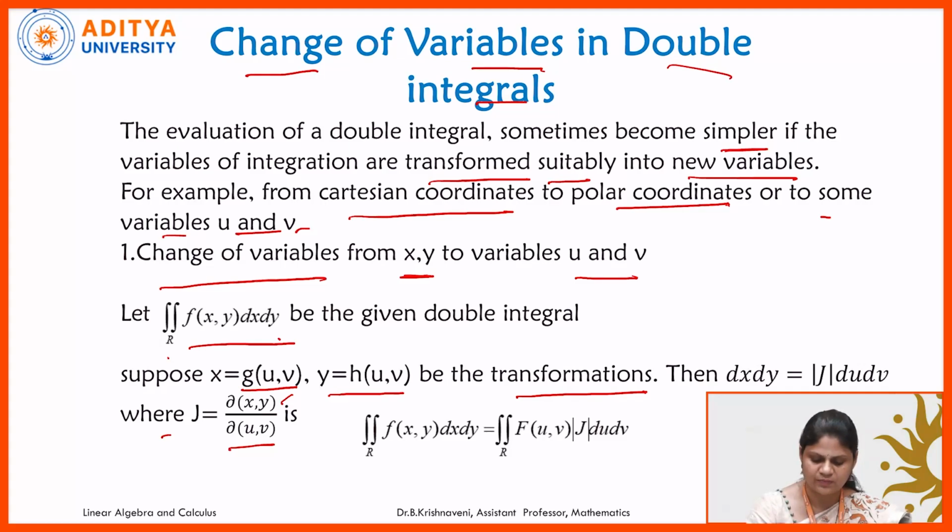So after this transformation, the double integral over R f(x, y) dx dy is equal to double integral over R f of u comma v into modulus of J du dv. It is not det of J here, it is modulus of J, that means we need to take the absolute value.